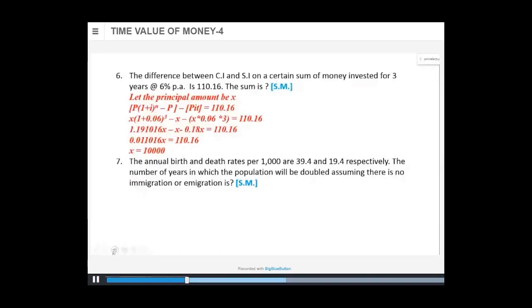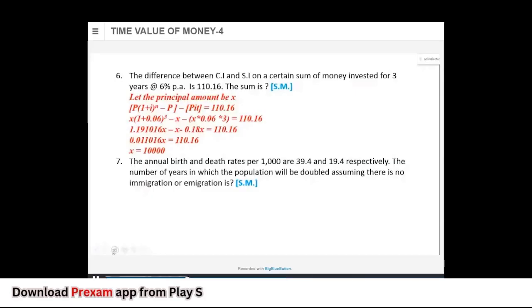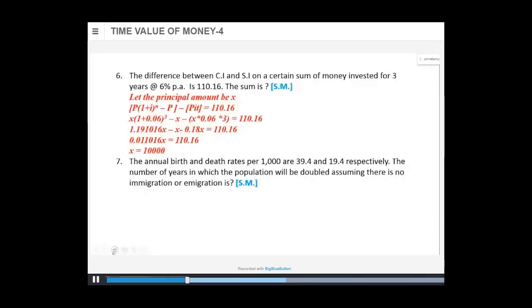The annual birth and death rates, per 1,000, not per 100, are 39.4 and 19.4 respectively. That is, birth rate is 39.4 and death rate is 19.4 per 1,000. Find the number of years in which the population will be doubled, assuming there is no immigration.